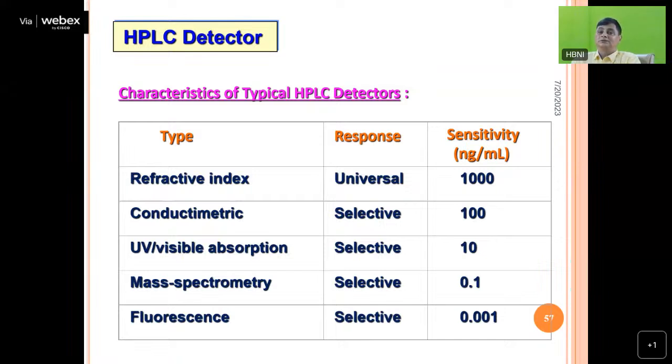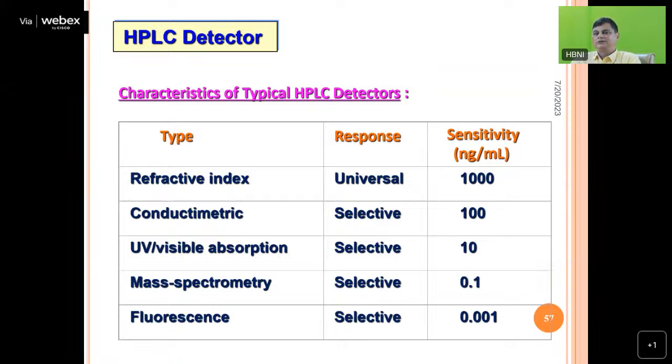You can ask this type of question: why go for such a low level of detection sensitivity? You need it. If you are looking for some organic contaminant in various food products, they are at very, very low levels, but they are dangerous. They are not good for human health.